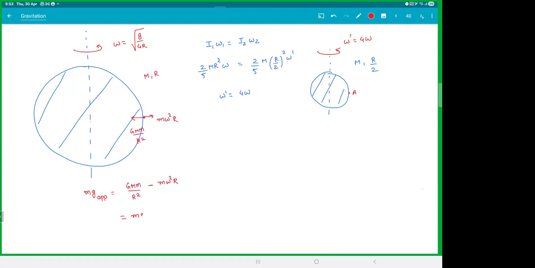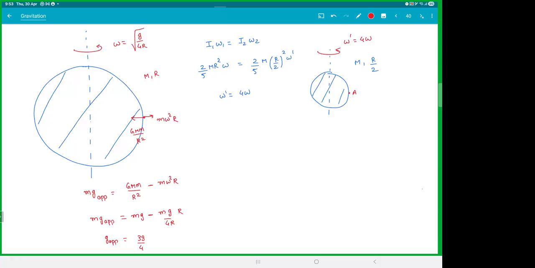This is nothing but m g minus m times omega square, which was g by 4r, into r, and this was 3g by 4. So initially this person will think the gravity has become 3g by 4. This was the apparent gravity before shrinking.